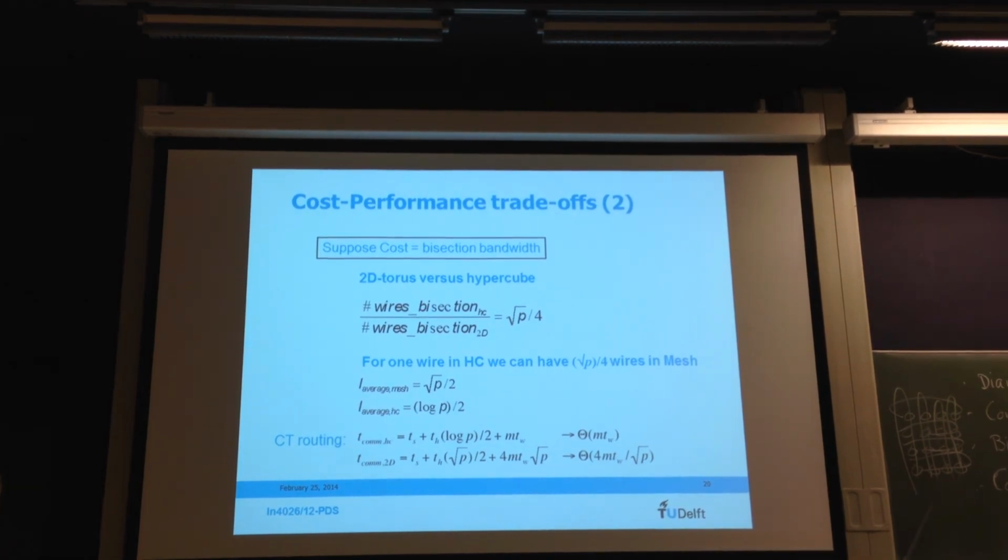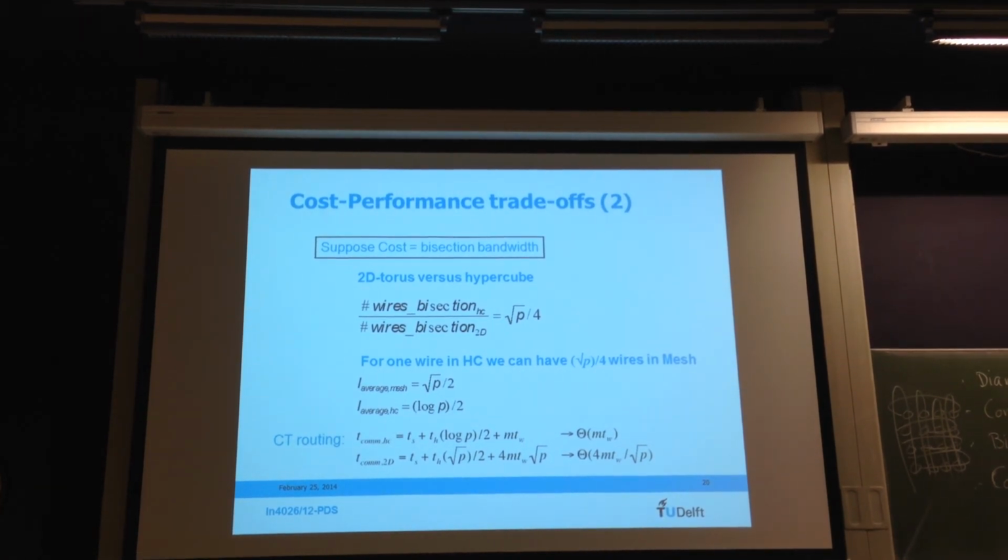So the cut-through routing scheme kind of removes the disadvantages of an interconnection structure that at first sight is less favorable compared to the ideal and optimal properties of the hypercube. But in reality it's not.